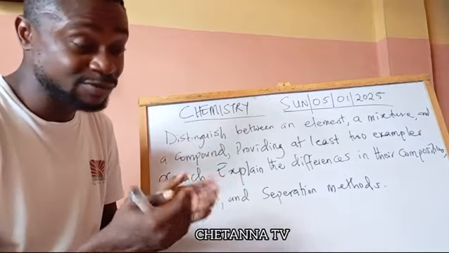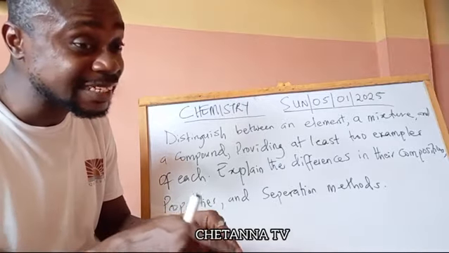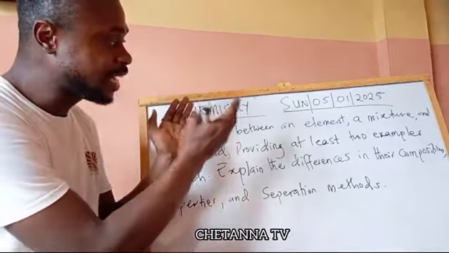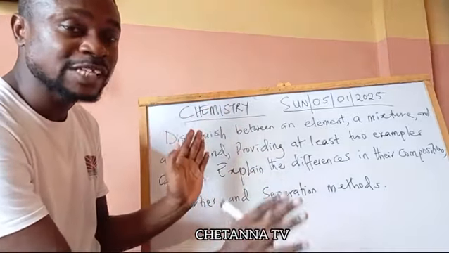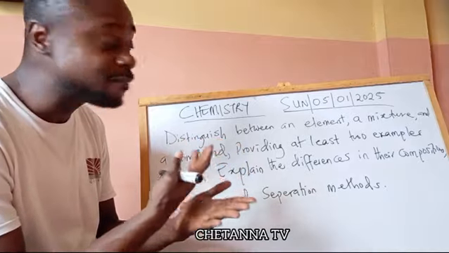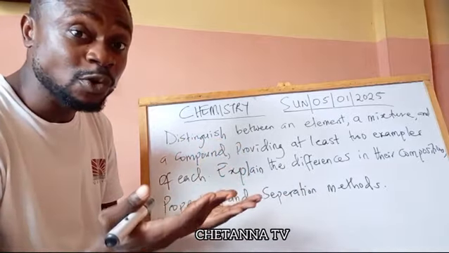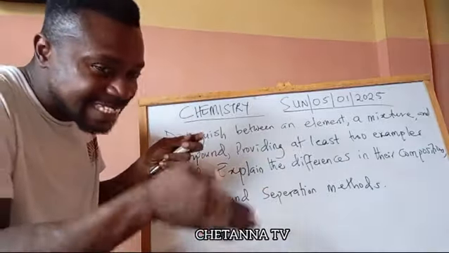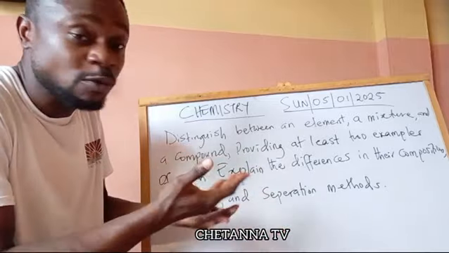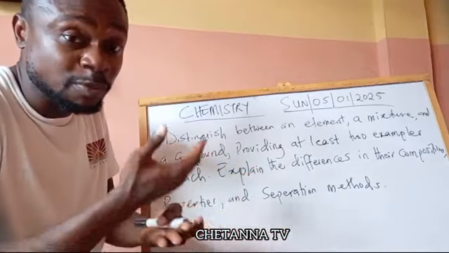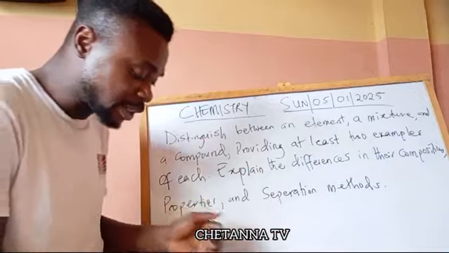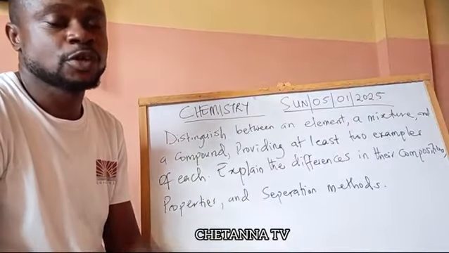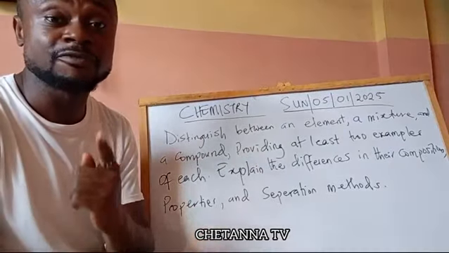Even though if you go down and start looking at atoms and ions, we're not going to that level, but basically it cannot be broken down further using ordinary chemical processes. So that's what an element is. An element is a pure substance composed of one type of atom.